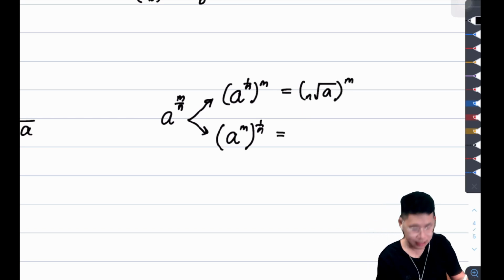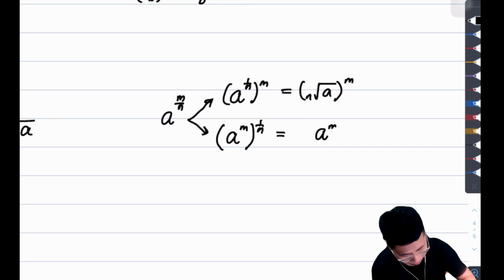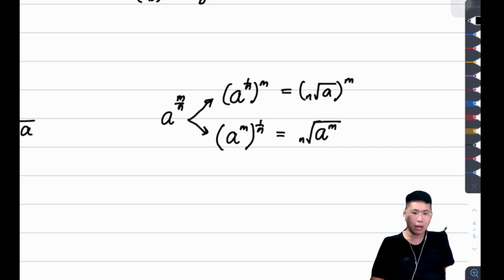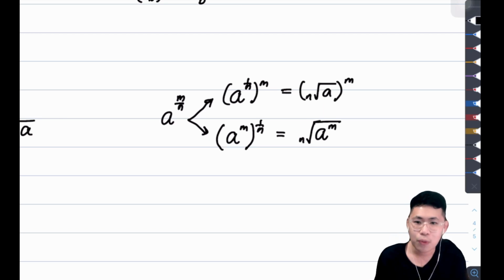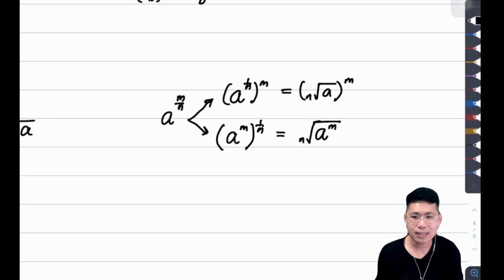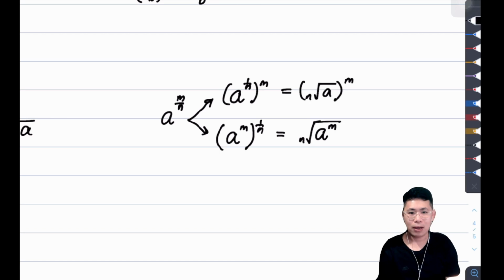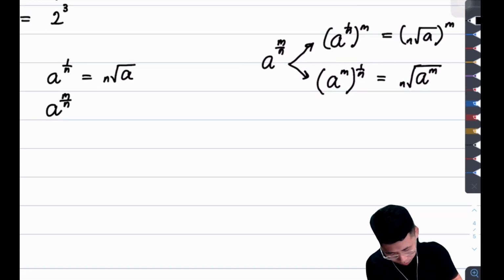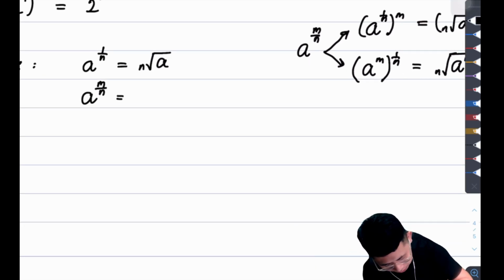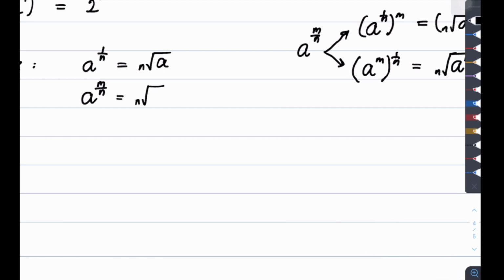The one below is a to the power of m inside, and the whole thing will take the nth root. These two things are equivalent when we talk about a to the power of m over n. So we have the nth root of a to the power m, or the nth root of a and the whole thing raised to the power of m.